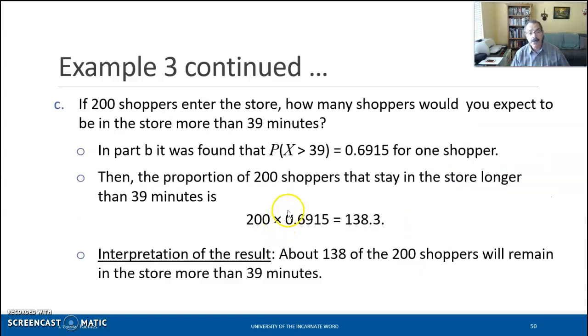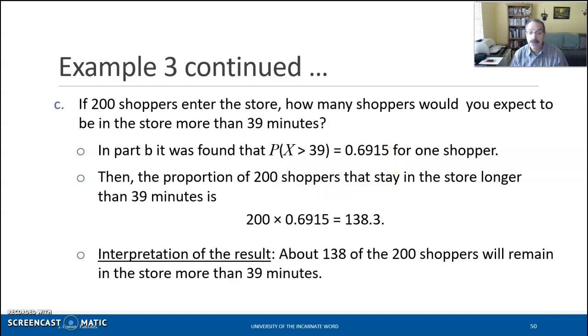All right, the last part of this problem says, if you have 200 shoppers entering the store, how many would you expect to spend more than 39 minutes in the store? We already found in part B that the probability that one shopper that enters the store will be more than 39 minutes is 0.6915.